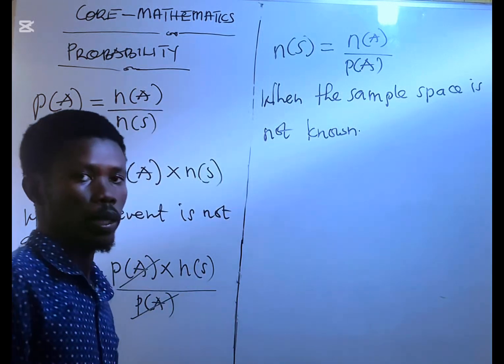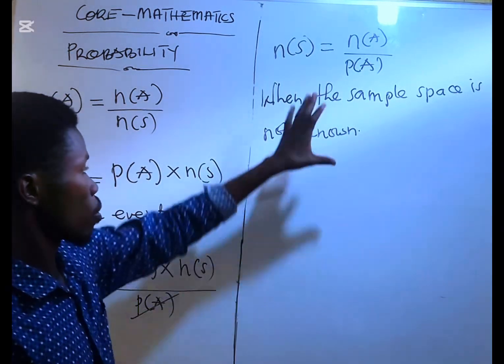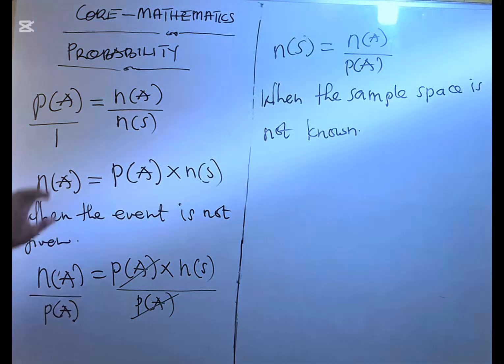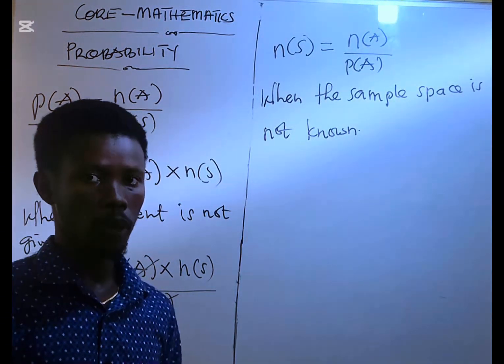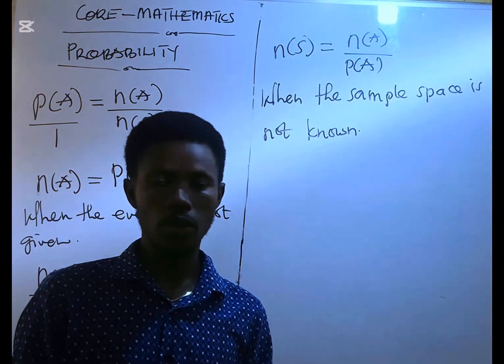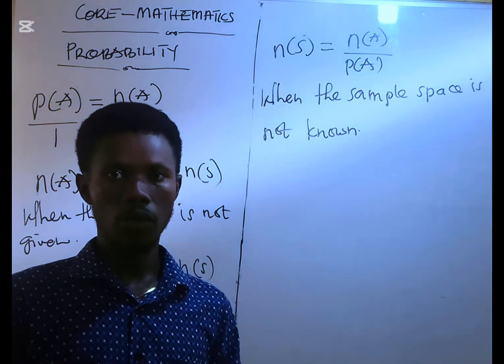So when the sample space is not known, this is what you are going to use. And when the event is not known, this is the formula you are going to use. So take note of these two formulas. Now let's look at an example of such natures.